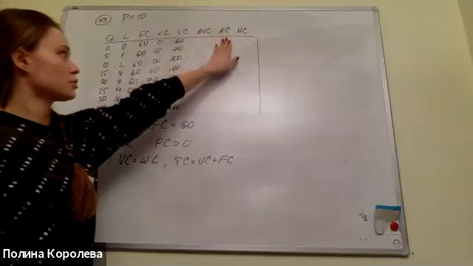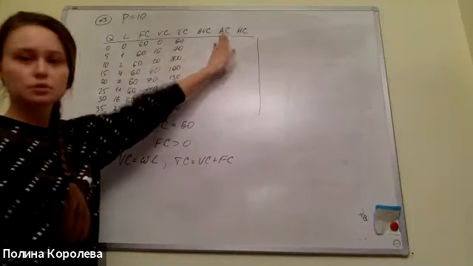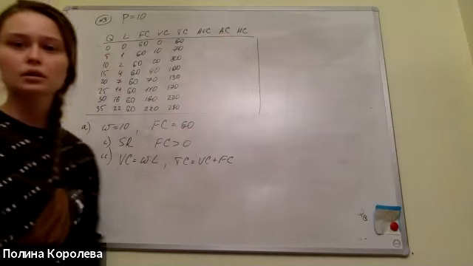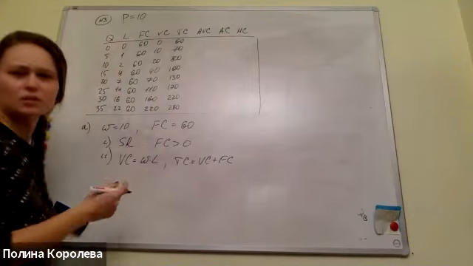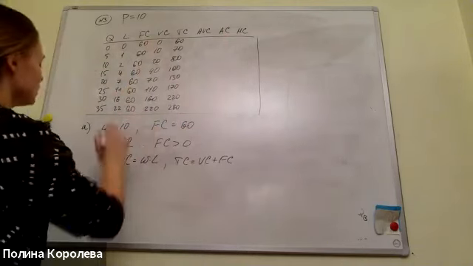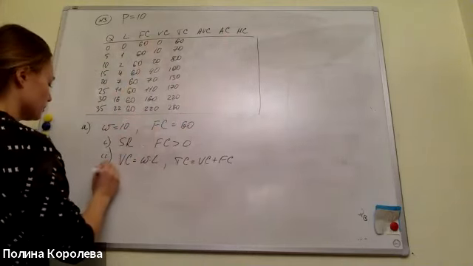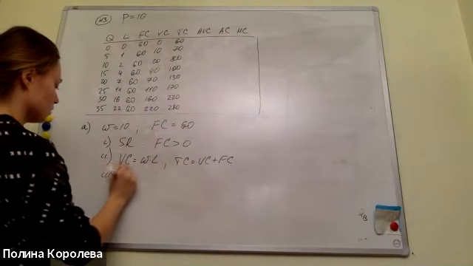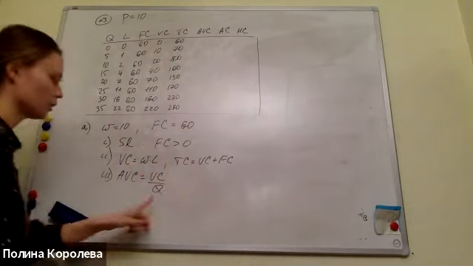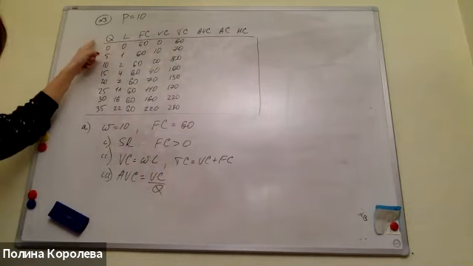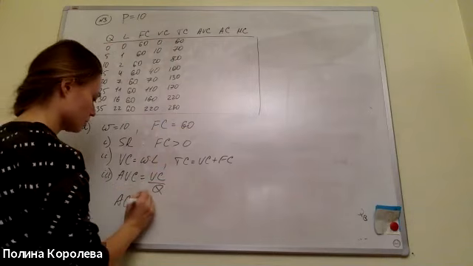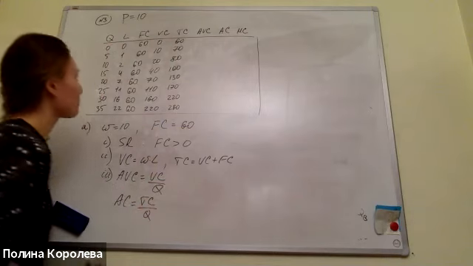Average variable and average total. What should we do? We should divide by the quantity. Okay, it's easy, so I will not ask. Let's fill it in fast. Average variable is variable over quantity. So you see, not labor, but quantity. And average total is total by quantity.